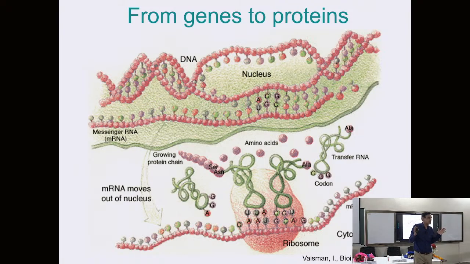So a portion is unwinding because one of the strands that has unwound will be used as a template to make a copy of messenger RNA, mRNA. Okay? And then mRNA will be transported out of the nucleus into the cytoplasm, where it will be used as a template to make a protein. Okay? So mRNA, messenger RNA.